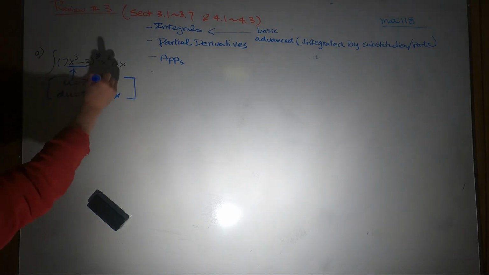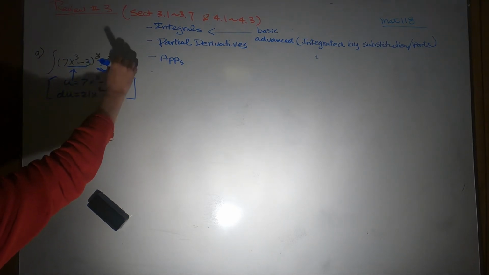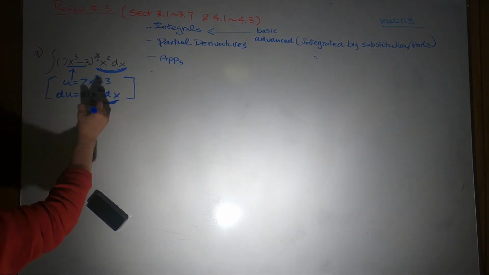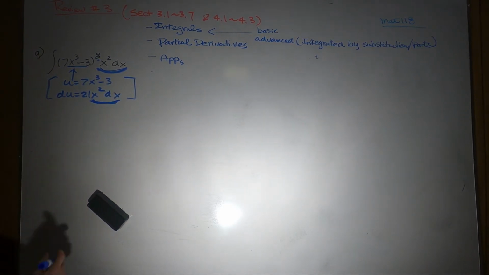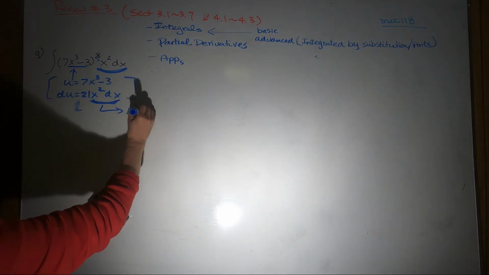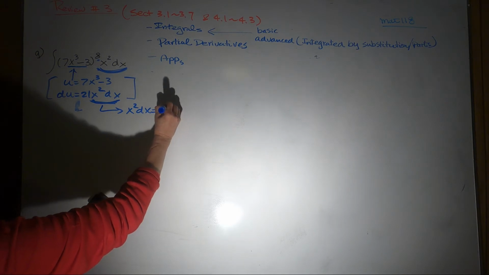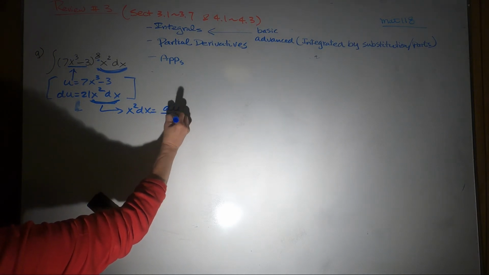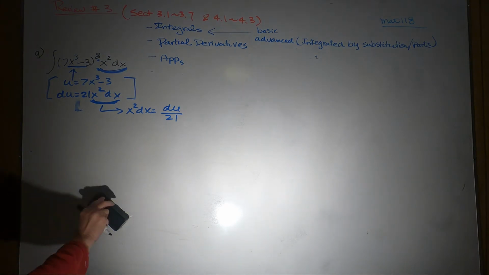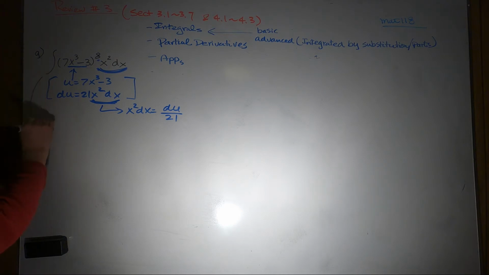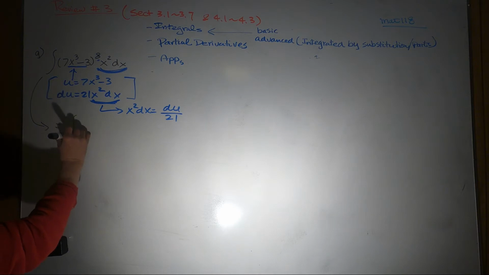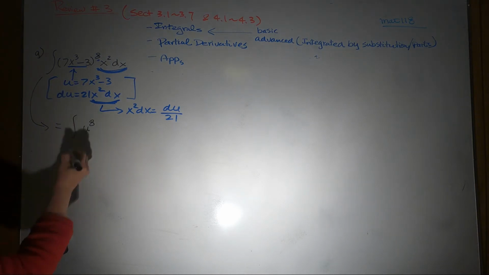Okay, if so, the thing we want to do is this part, so this part you want to get by itself, right? So x squared dx becomes du over 21, right? Then we replace this by u, so you have u to the 8th power.